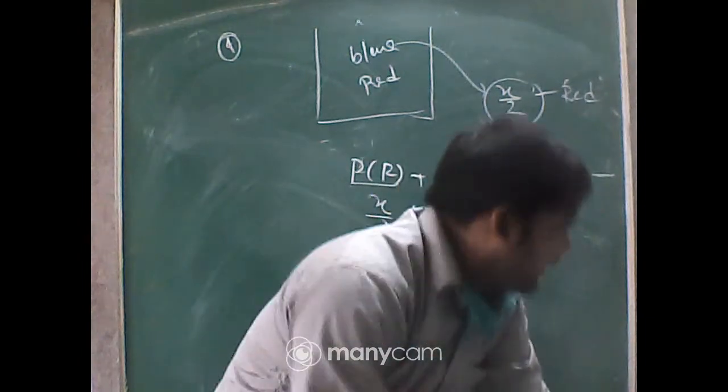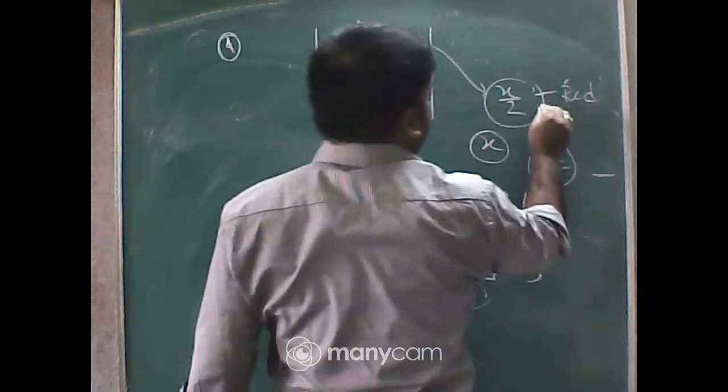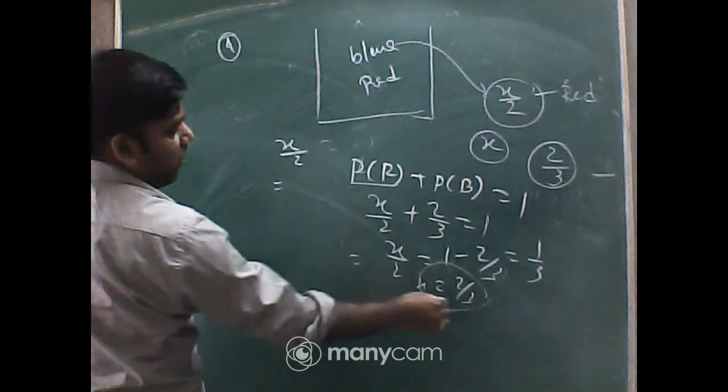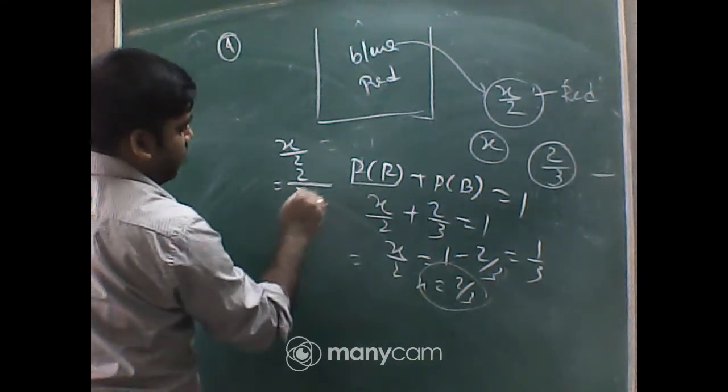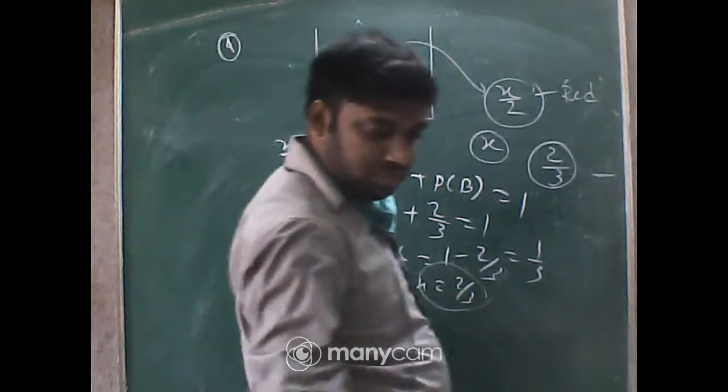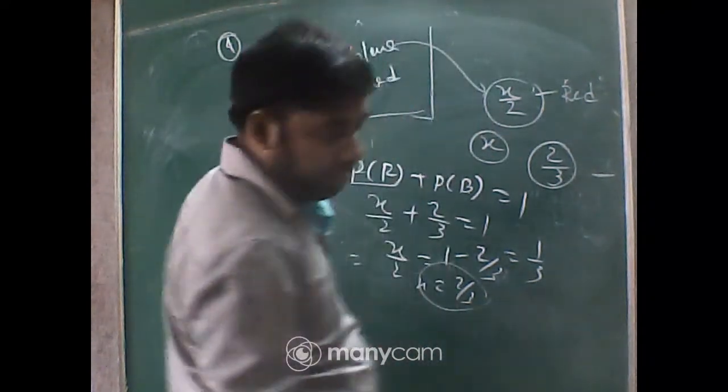It's very easy because x by 2 is the probability of red ball. So just put down the value of x, that is 2 by 3, into 2, so 2 by 3 into 1 by 2 gives 1 by 3. Got it, everyone?